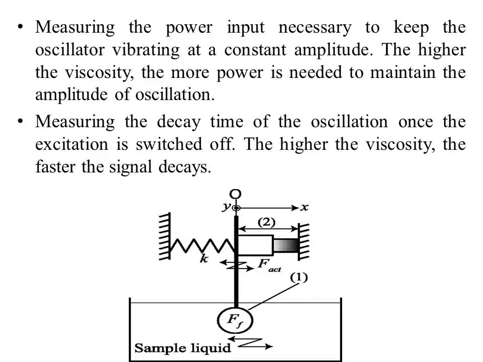The higher the viscosity, more power is needed to maintain the amplitude of oscillation. Measuring the decay time of the oscillation once the excitation is switched off. The higher the viscosity, the faster is the signal decay. So if it takes more power input, then the liquid viscosity is more.